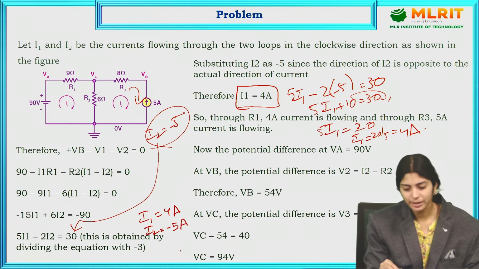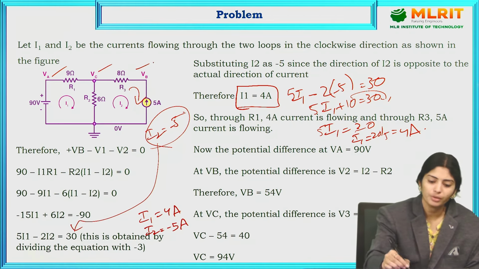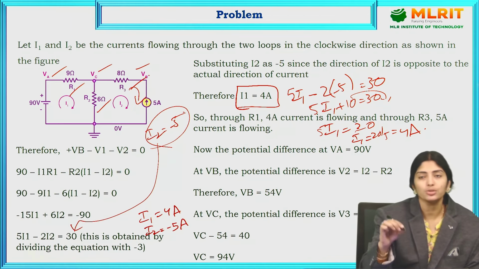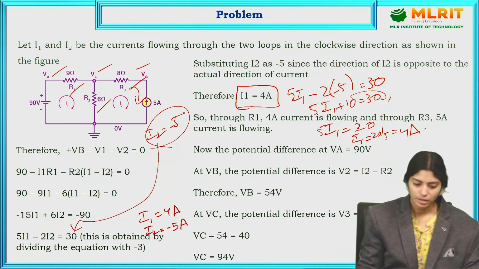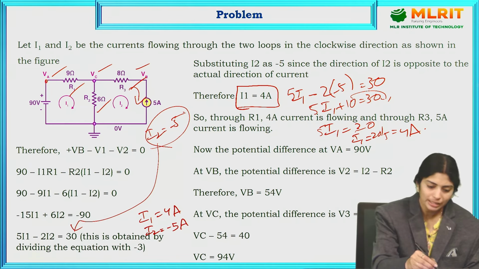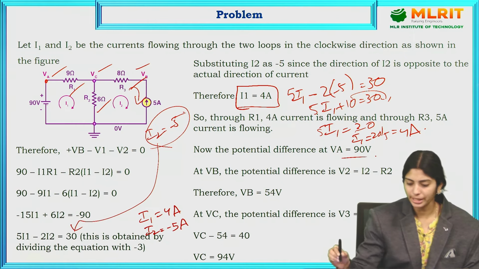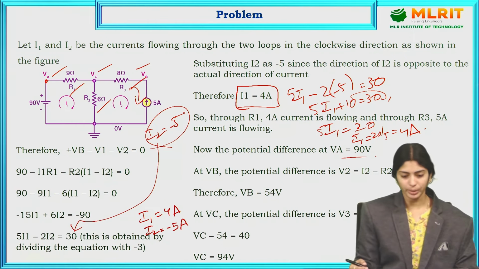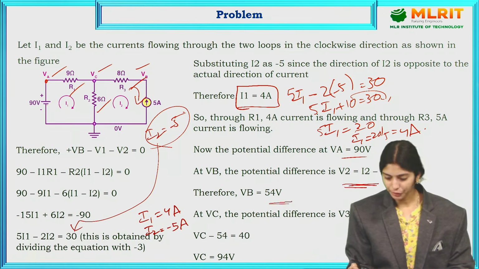If we know the I1 and I2 values, we can easily find out the voltage drops. So how can we find them? VA means directly the value of the voltage source is there, so VA is equal to 90 volts. Now VB. VB is equal to I2 into R2, so VB is equal to 54 volts.